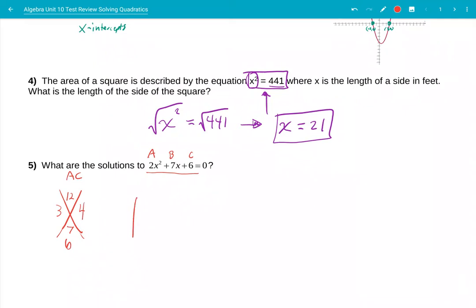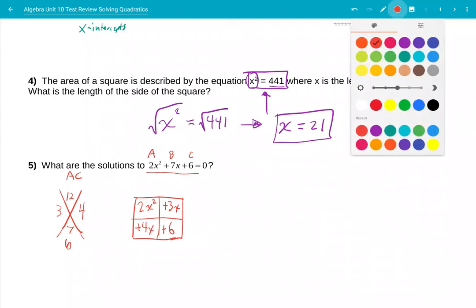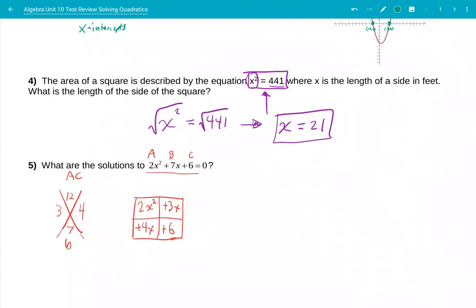So that works. I'm going to draw my box and plug in these numbers. The first term doesn't change, and the last term doesn't change. But we split the middle into a plus 3x and a plus 4x. Now I can take the GCF of each row and column. 2 and 3 don't have anything in common in the column, but they each have an x. And of course, an x goes up there, just like always. 2 and 4 have a 2 in common.